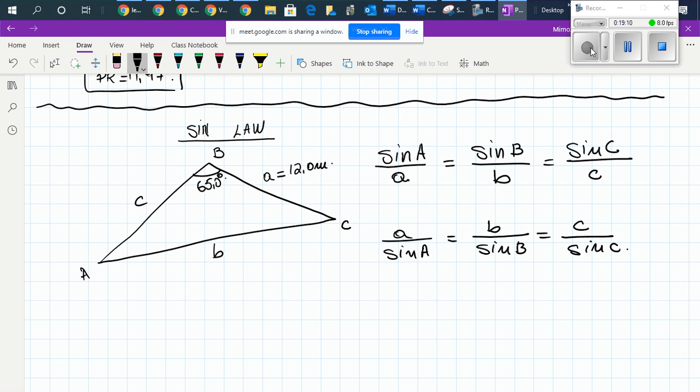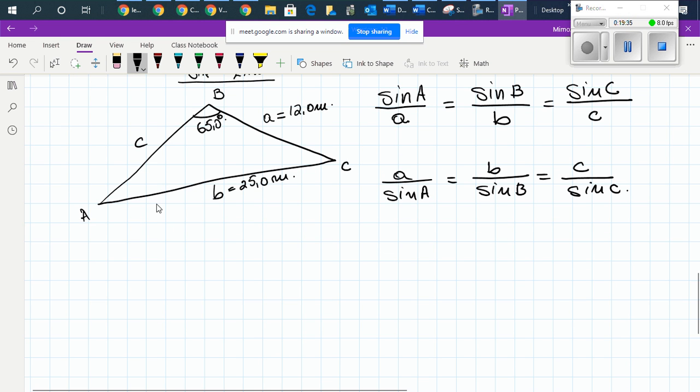So now we are solving the triangle, and remember, this is not a right angle triangle. We will solve the triangle based on the information that we have. Another thing is that B will be, let's say, 25 meters. So this will be given in your question.